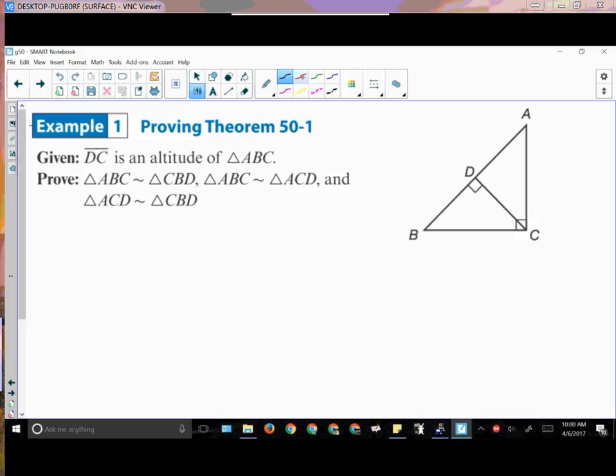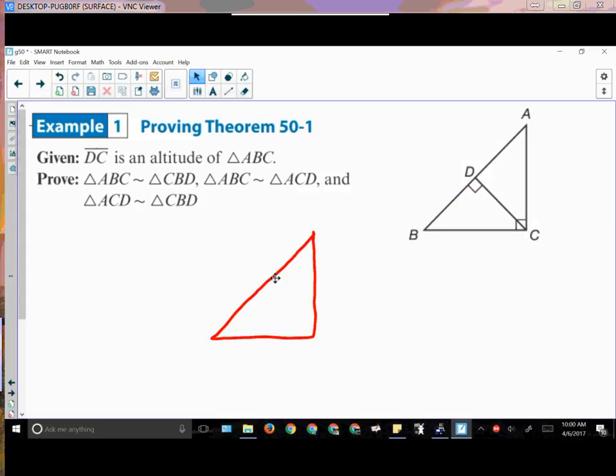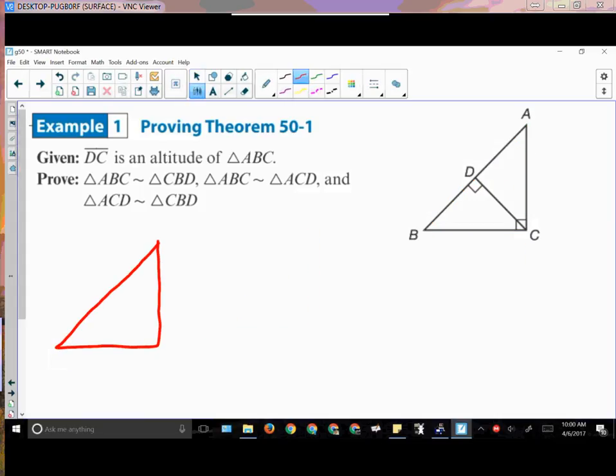Now, when we're dealing with similar triangles, and especially if we're dealing with a complex situation like this, draw them out. So the first one I've got here is the larger triangle, and that turns out to be A, B, C with the right angle down here.